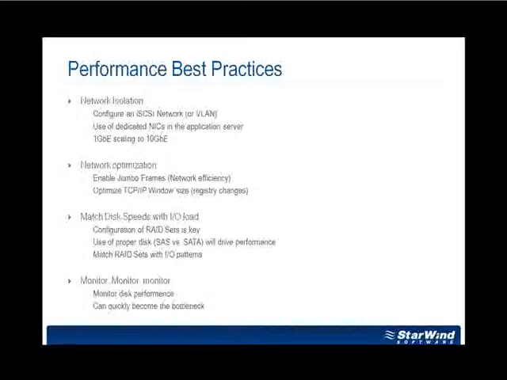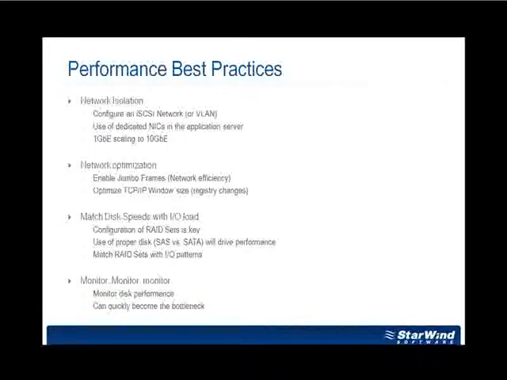But, starting with network isolation, configuring an iSCSI network or a VLAN. If you've got a very robust switch, we want to see a VLAN off the iSCSI traffic so that it's not competing for bandwidth with other applications, or in some cases you can simply go ahead and isolate it via a separate set of redundant switches altogether.